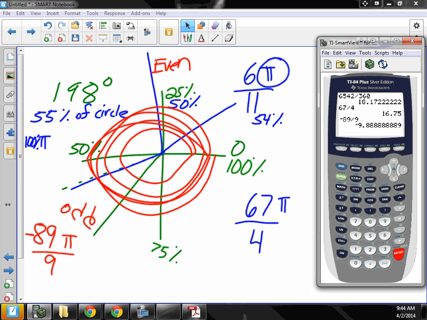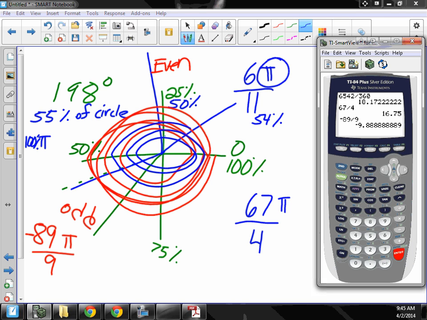But now we're going in the other direction, so the bottom half is even and the top half is odd. So it's 88% of the top, which lands in quadrant 1 because we're going backwards, right? So this would be 1, 2, 3, 4, 5, 6, 7, 8, 9, and 88% more is going to place me in quadrant 1.